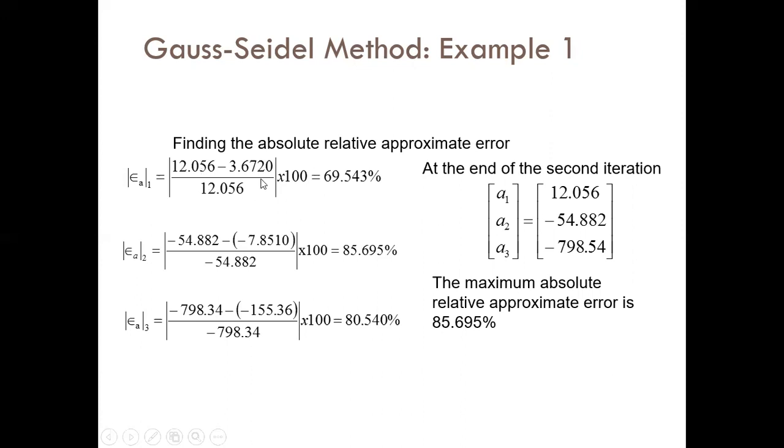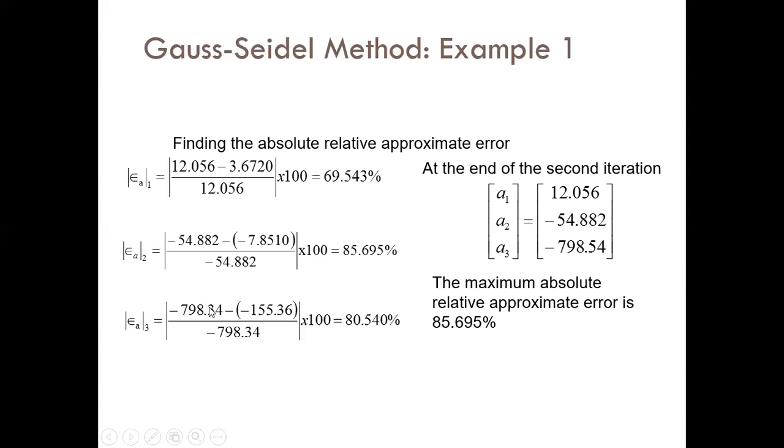This is 12.056 minus 3.6720 divided by 12.056 into 100, which is 69.54%. For A2 it is minus 54.882 minus 7.8510 divided by minus 54.882, which is 85.69%.